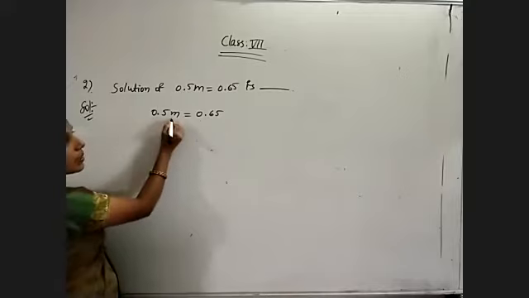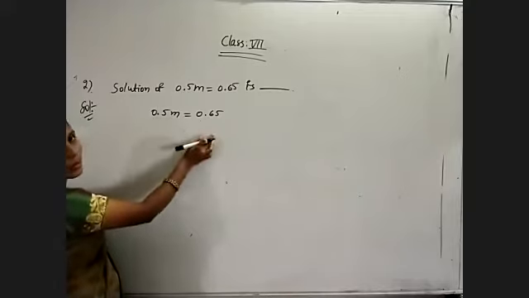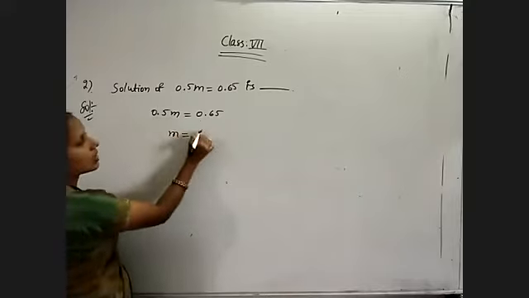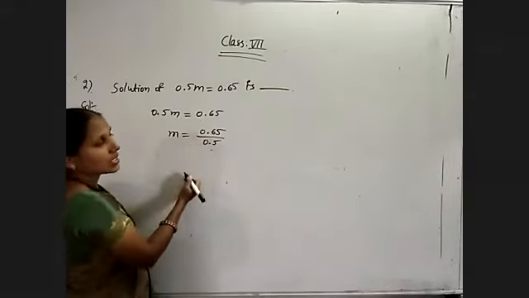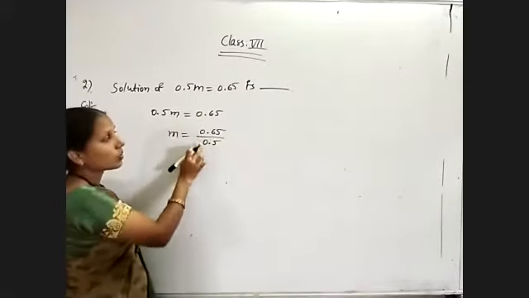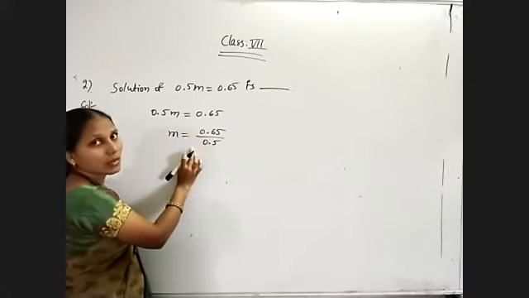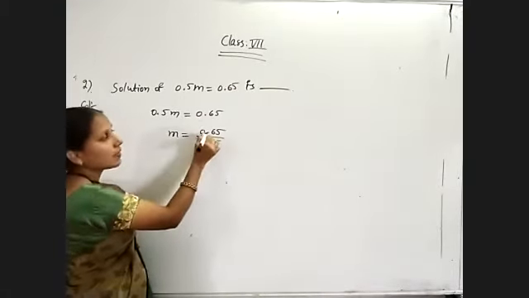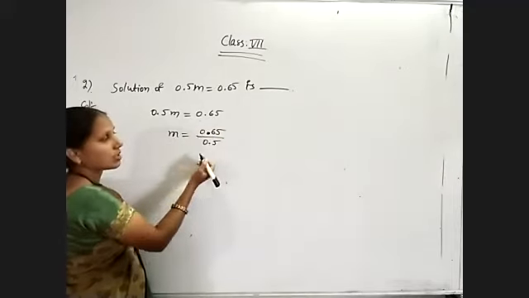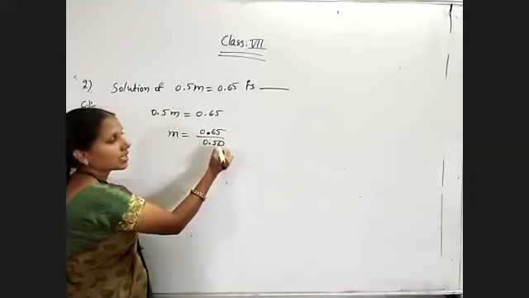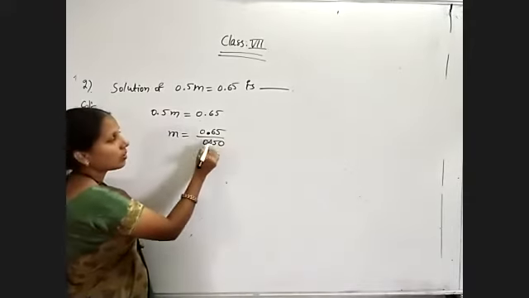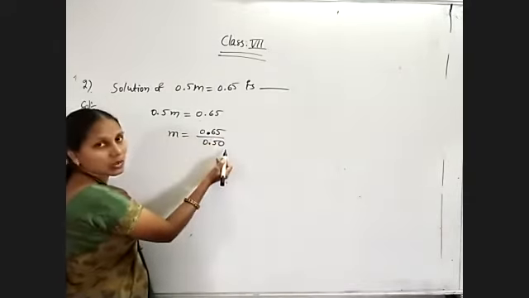Now, keep m only on this side and the other term on this side. That is, m is equal to 0.65 by 0.5. See, already we have finished how to divide fractional numbers, decimal numbers. We need to take like decimals only. So these two are unlike. To make them like, we will just insert zeros. Now, here 2 decimal digits, here also 2 decimal digits.